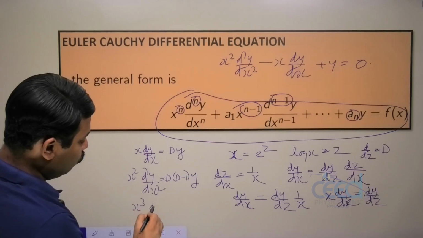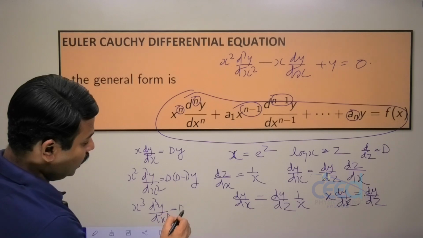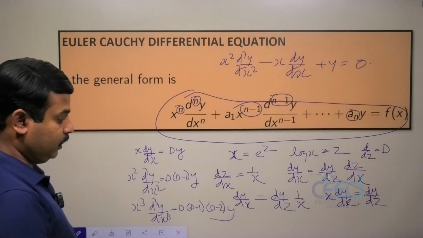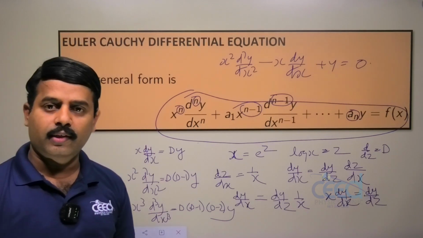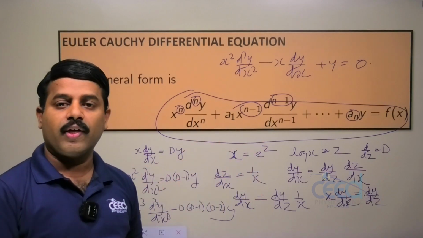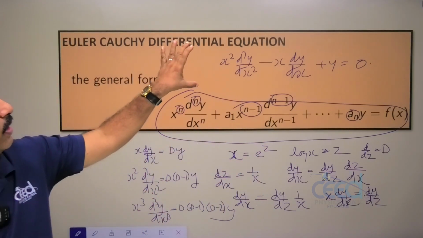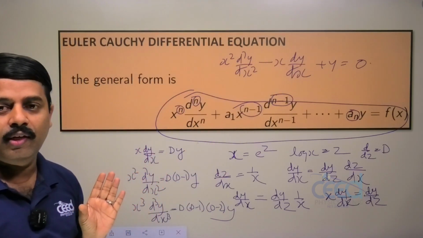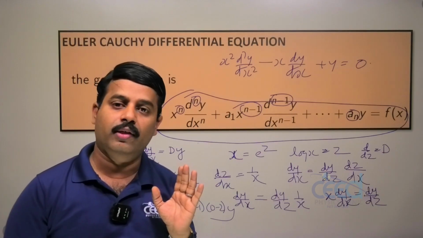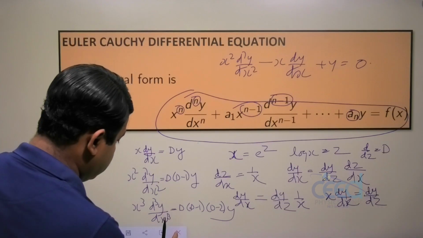X cube d cube y by dx cube you can write as D into D minus 1 into D minus 2 into y. This is the pattern you are going to write. Understood? Then you can simplify and find the solution. An equation of this pattern is called the Euler-Cauchy differential equation. Now let us see with one example how we can solve this.